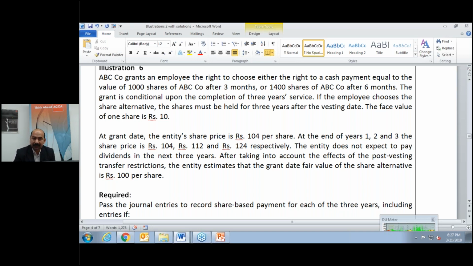So this is the equity alternative, 1,400 shares, and 1,000 shares is the cash alternative.